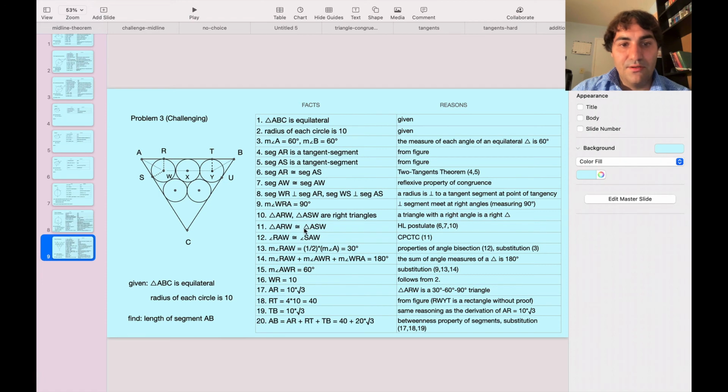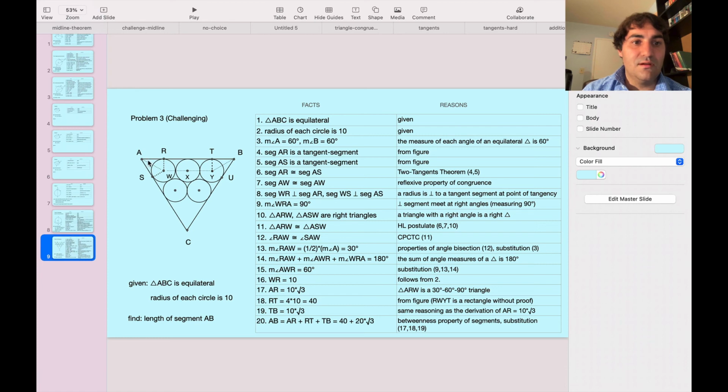Anyway, we prove this congruence, and therefore angle RAW is congruent to angle SAW. If you remember the definition of bisection of an angle, it splits it into two congruent parts. So AW, if you take this as a ray, is dividing this big angle into two congruent angles.